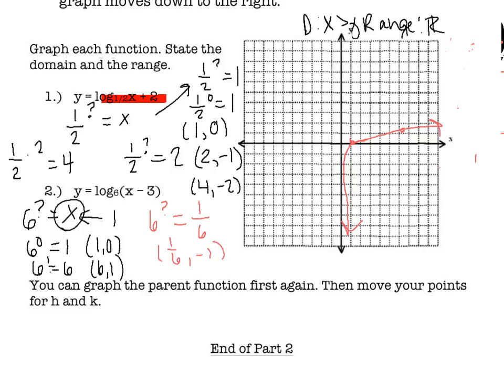Now though, I need to shift that entire graph 3 places to the right. So I'll take those 2 points that I plotted and I will move them 3 places to the right.